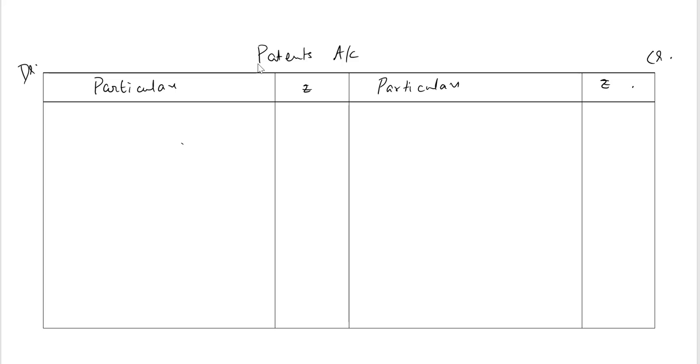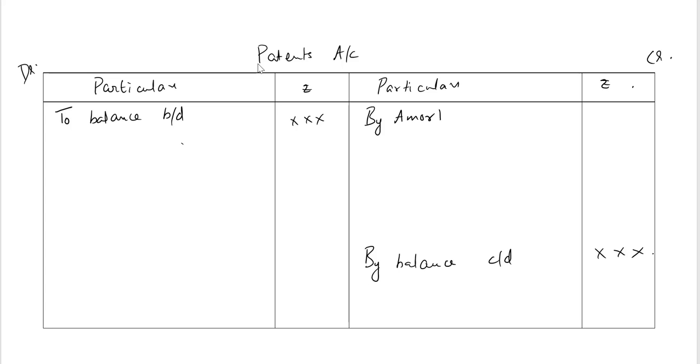Patents is an asset, the opening balance having a debit balance, to balance brought down, the closing balance by balance carried down. Intangible assets are amortized, and the amortization amount comes here as by amortization.